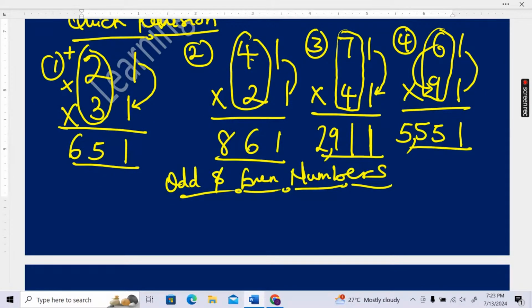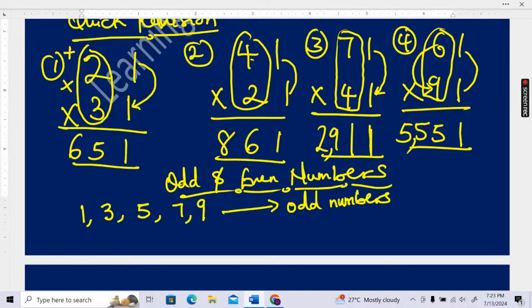Any number ending with 1, 3, 5, 7, or 9 is called an odd number.